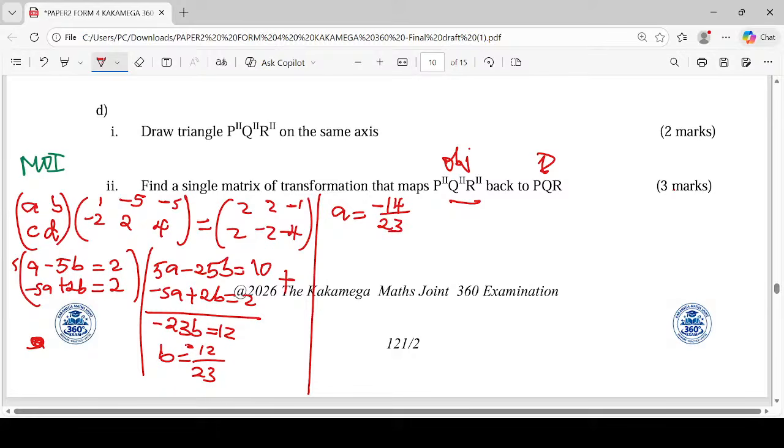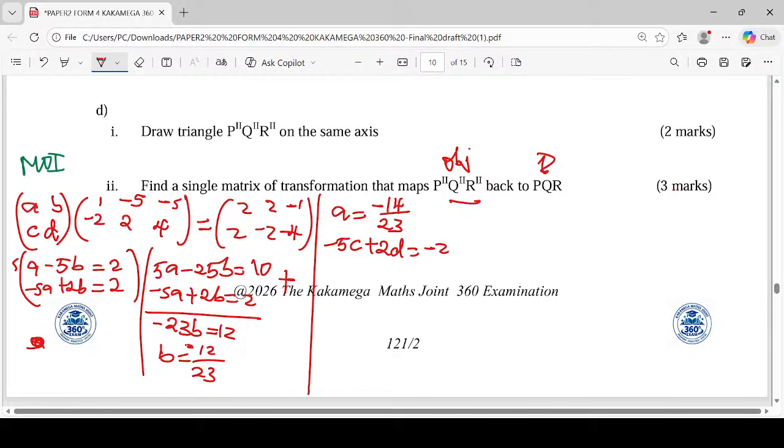I can get C and D, whereby I'm now going to say negative 5C plus 2D is equal to negative 2.